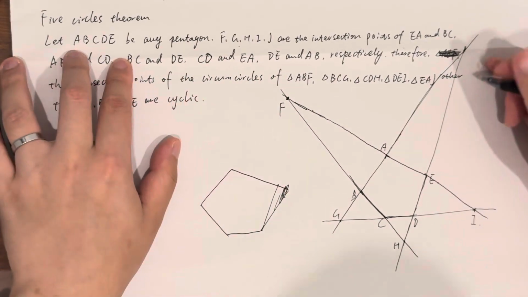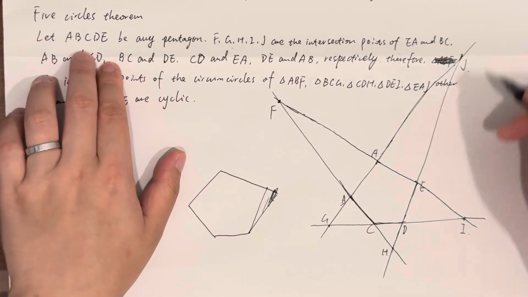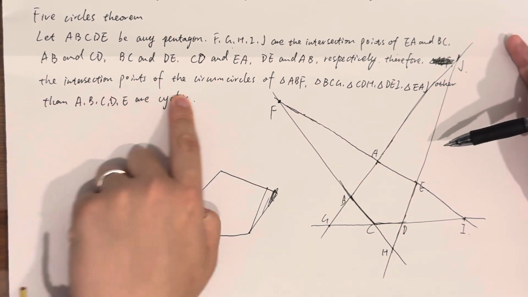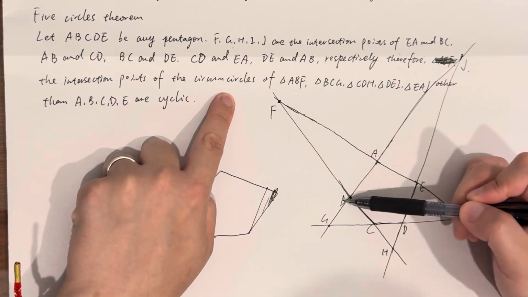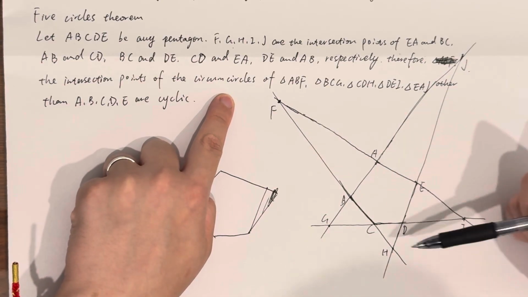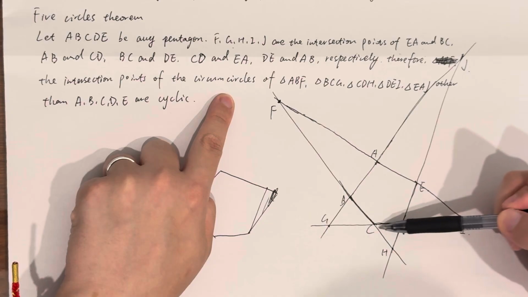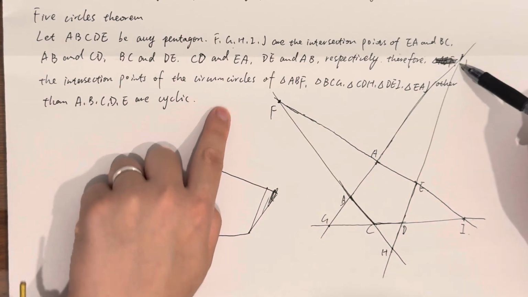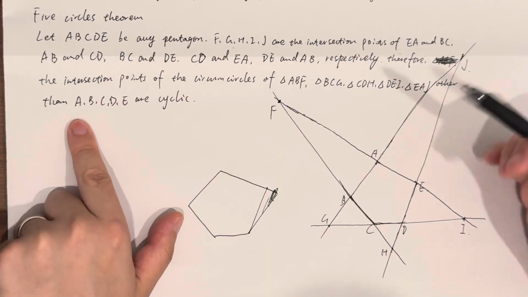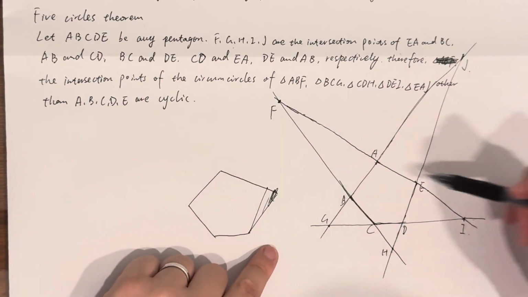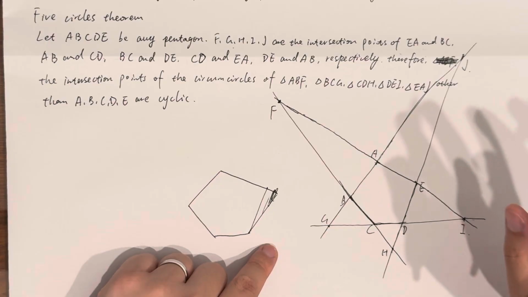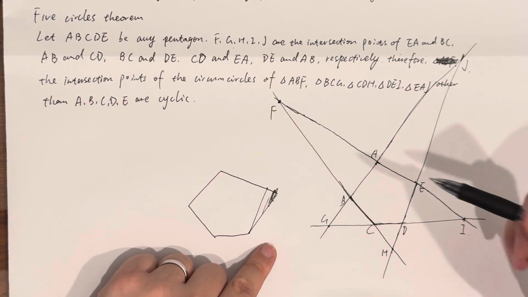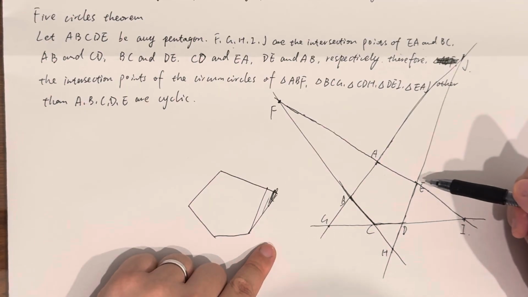Right, that is J. Therefore, the intersection points of the circumcircles of triangle ABF, triangle BCG, triangle CDH, triangle DEI, triangle EAJ, other than A, B, C, D, E, these five points are cyclic.